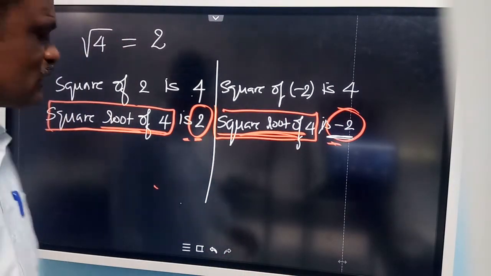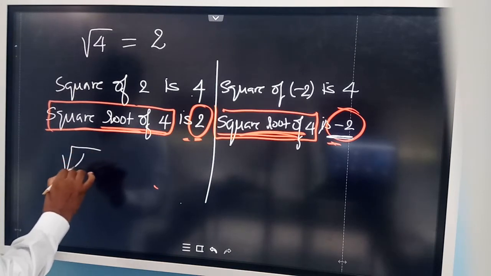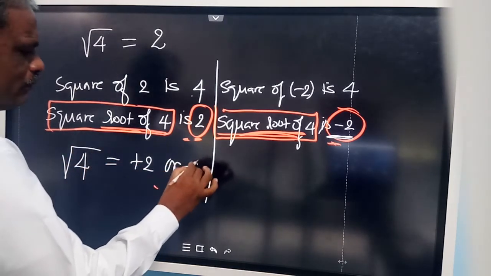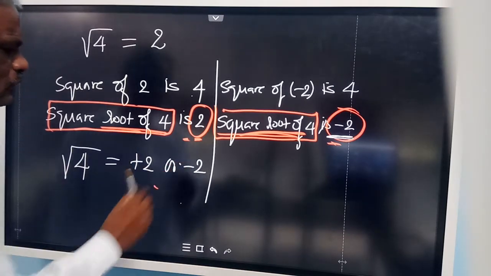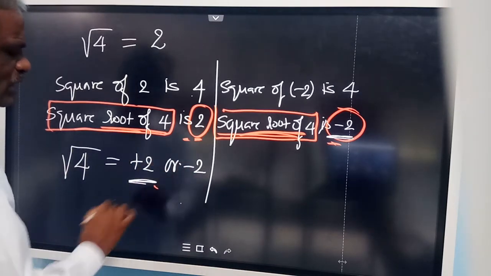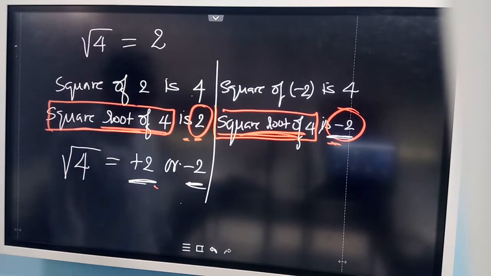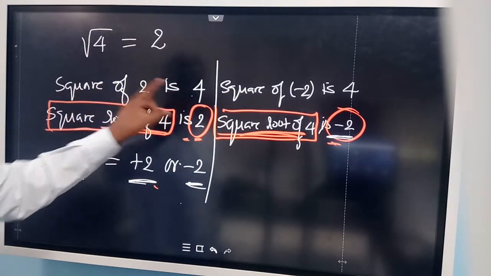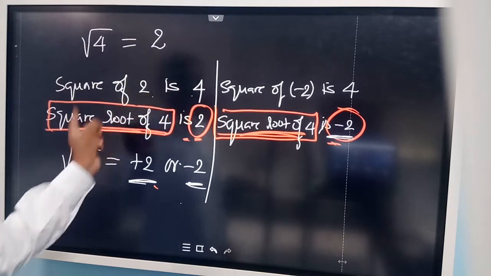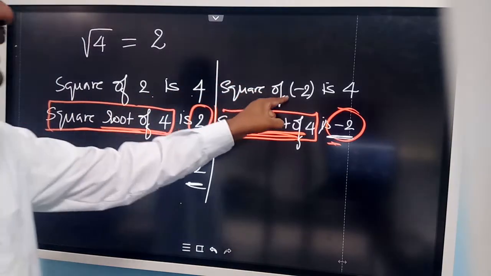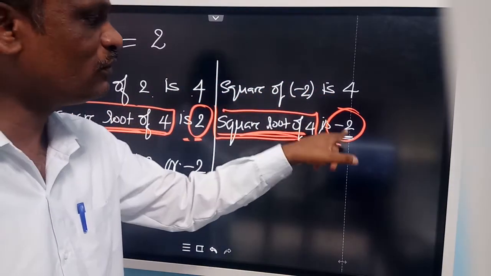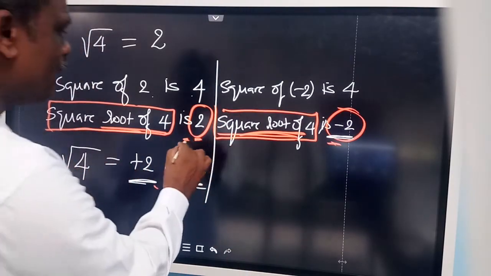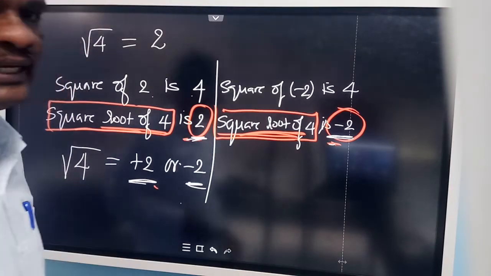So therefore, square root of 4 is either plus 2 or minus 2. We have two possibilities. It can be plus 2 as well as minus 2, because you can see these two examples. Square of 2 is 4, square root of 4 is 2. Here square of minus 2 is 4, therefore square root of 4 is minus 2 here. Both possibilities exist. Sometimes it can be a positive number, sometimes a negative number.